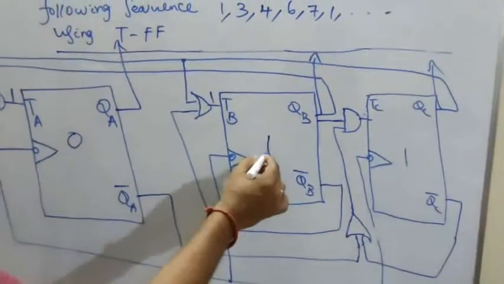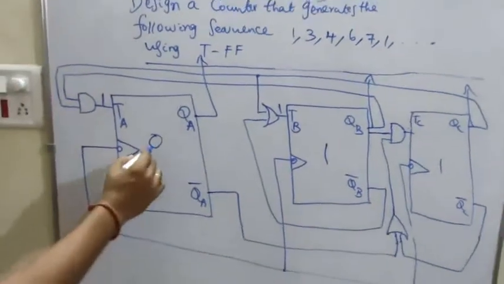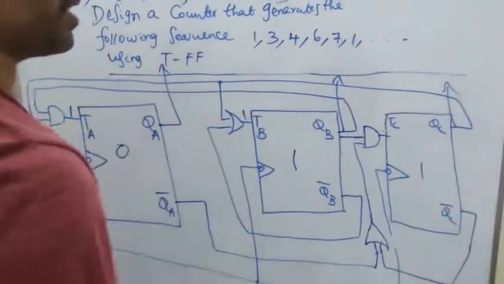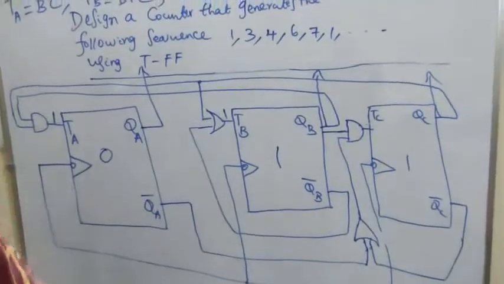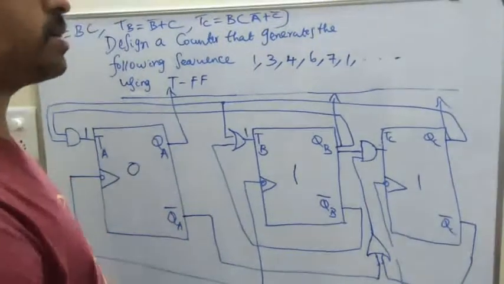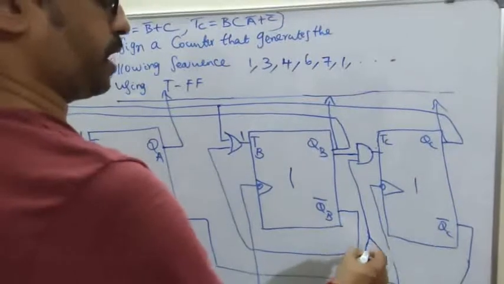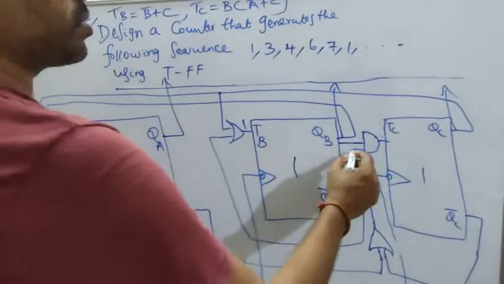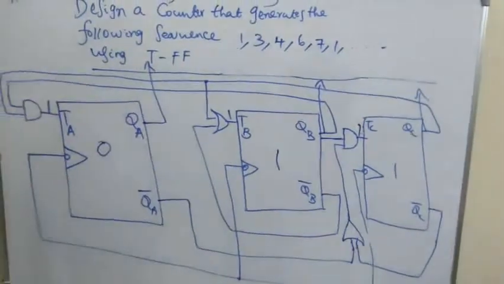TC is B into A dash plus C dash. B is 1. A dash is 1. C dash becomes 0. But A dash is 1 now. If any one of the values is 1 in the case of an OR gate, the output is going to be 1. So both inputs of the AND gate are 1. So TC input is going to be 1.